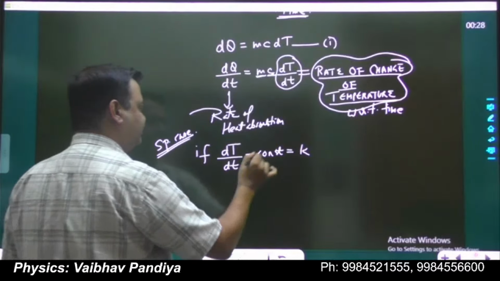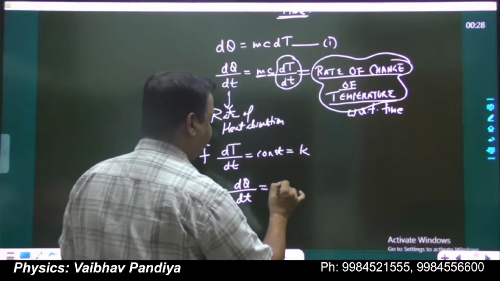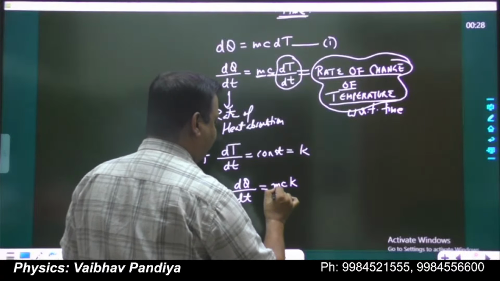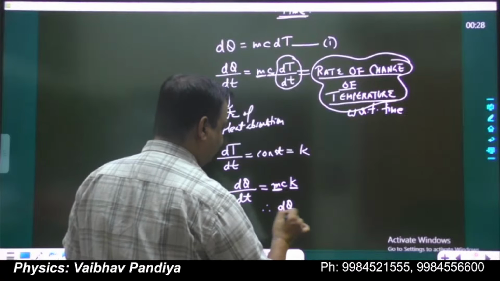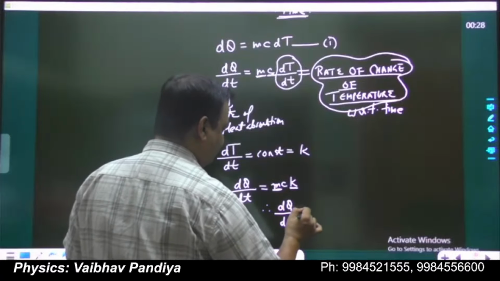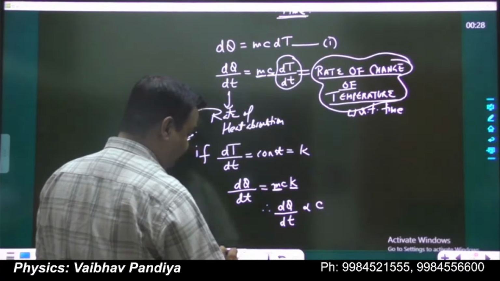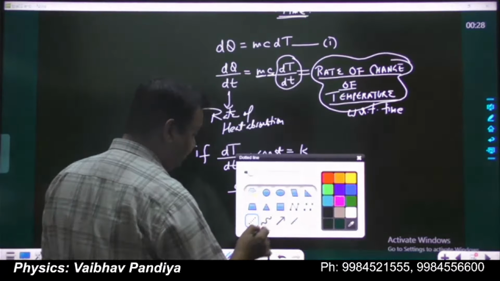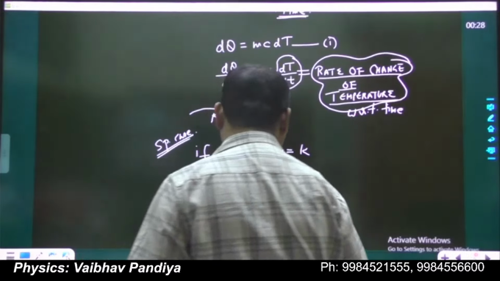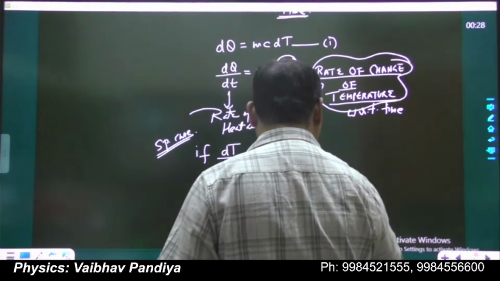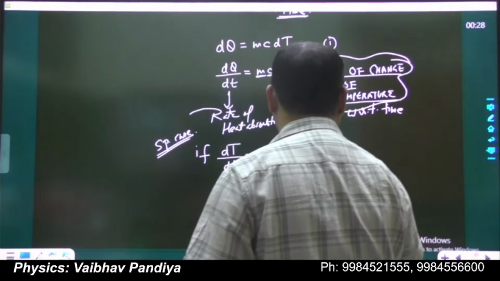In such a case, you can write the rate of absorption of the heat is m into c into k. Now m is a constant, mass is not changing, k is also a constant. So in this case, you can write the rate of absorption of heat is directly proportional to specific heat. This is a special case when your rate of change of temperature is constant with time.